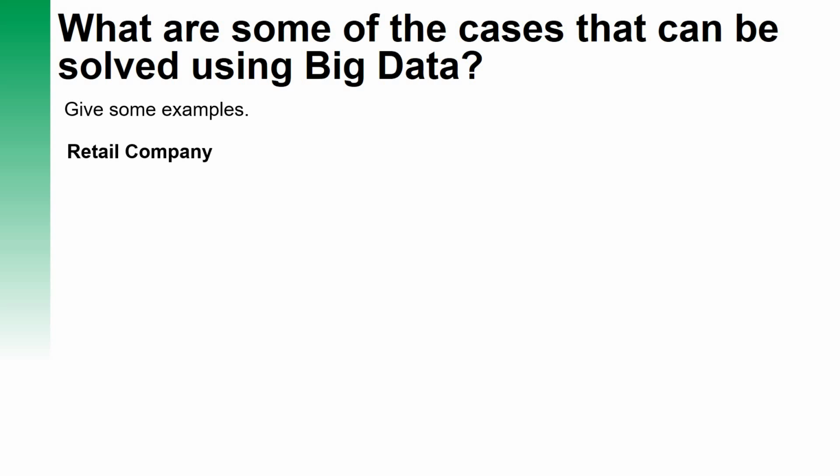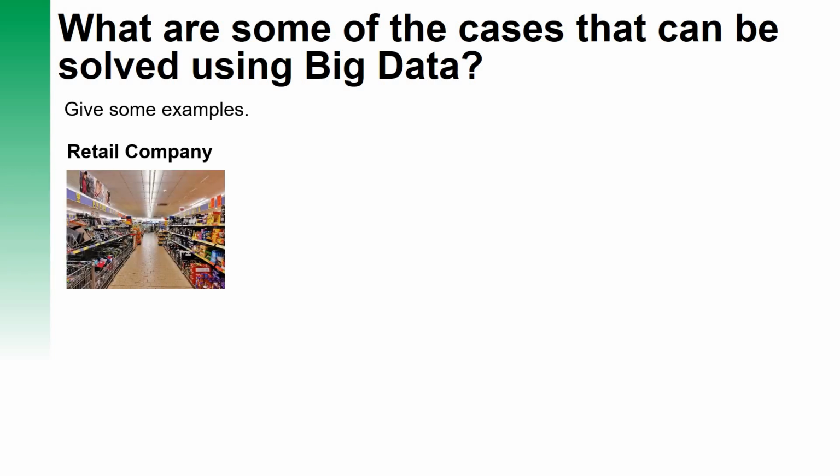So the first use case that we can give as an example is a retail company. In a retail company, we have often seen that there are some items, especially chocolates or snack items, which are placed on the table of the point of sale machine.